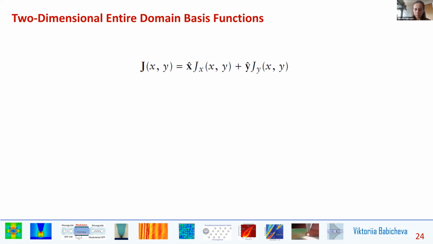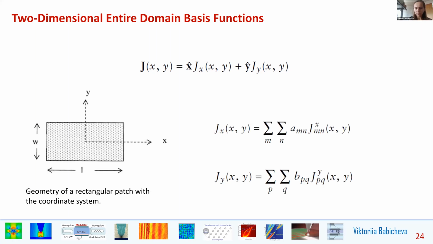For a rectangular patch in the x and y plane, the electric current may be expressed like this.